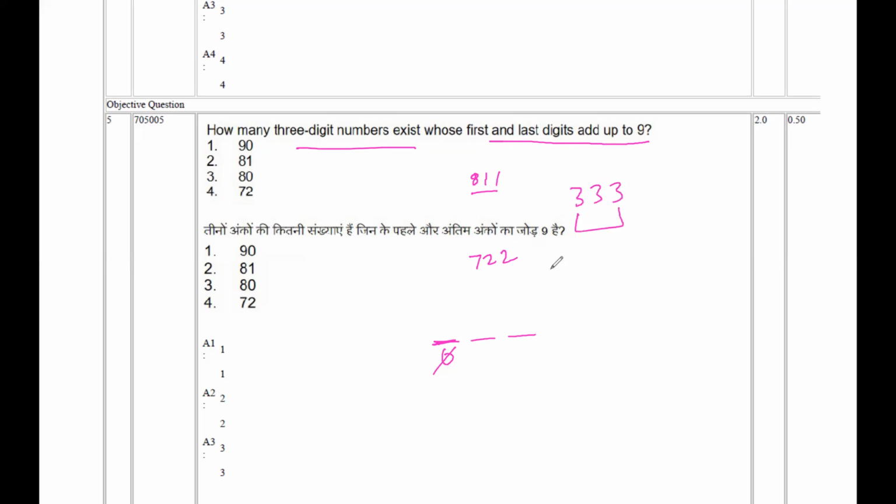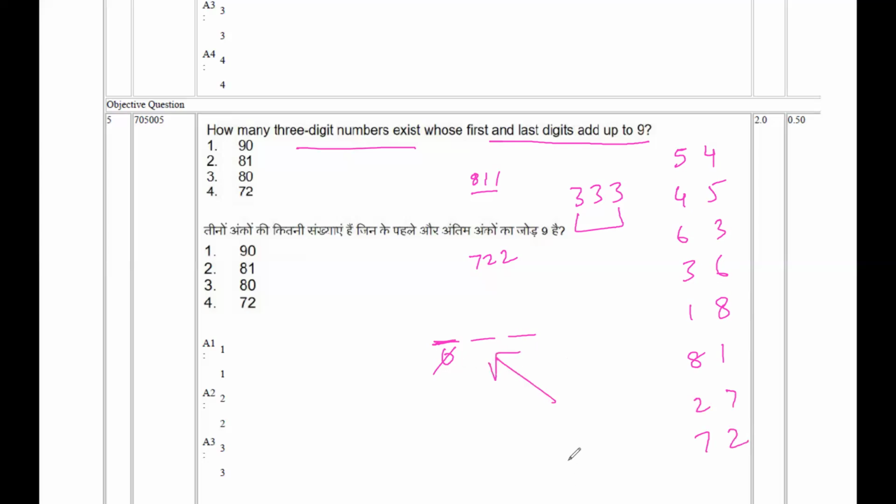So now, in this situation, let's understand which digits give you a sum of 9. Okay, they're countable. So no need to use this permutation method.